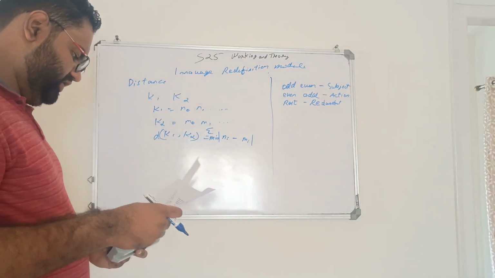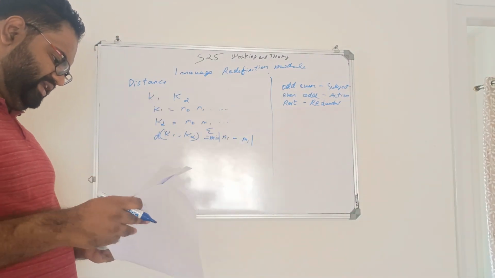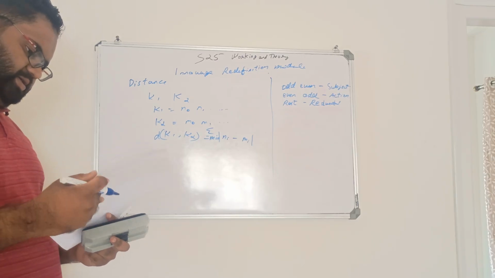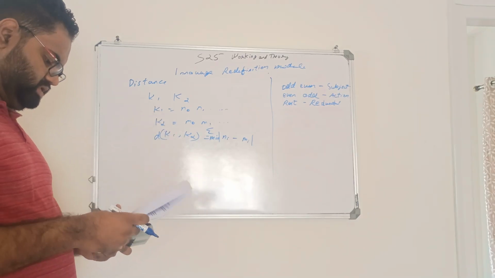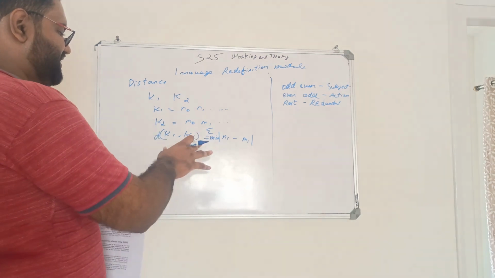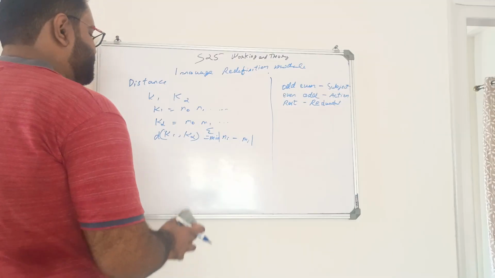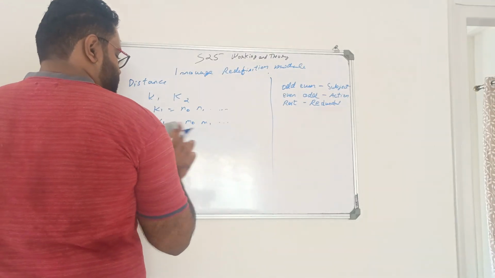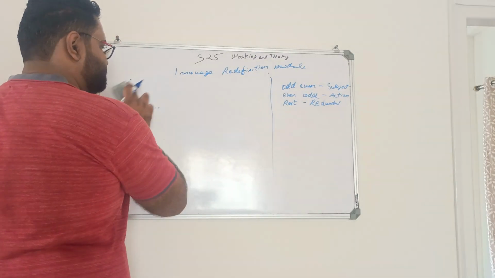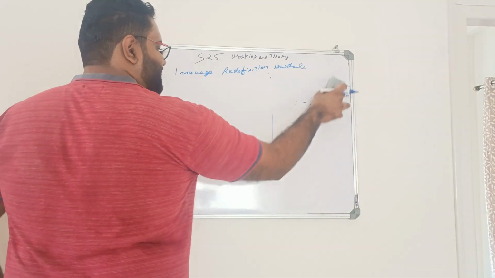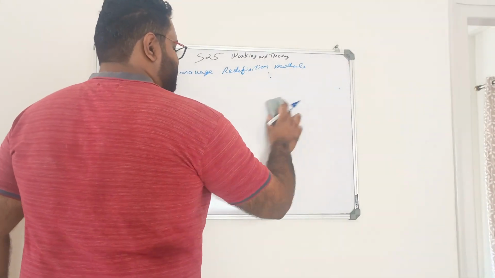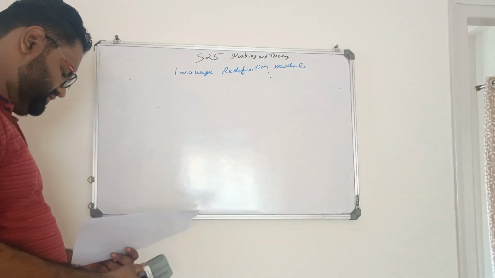So this is how I'm going to define my distance. Why I'm defining distance like this is going to be much more integrated into S25. So let us look at an encryption scheme as of now. We are arriving at the second part of the encryption and decryption process.